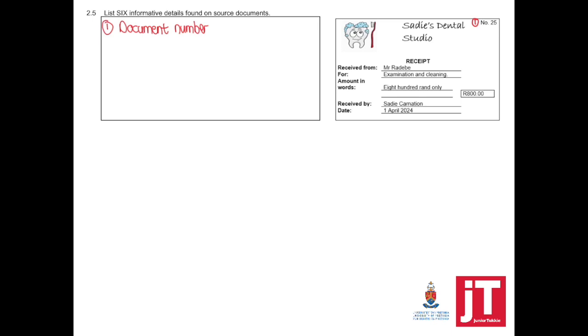It must always be 1, 2, 3, 4, 5 in numeric order. The second thing is from whom did we receive the money. So you have to name the person from whom we've received the money. The third one is the date, on which date the transaction took place.